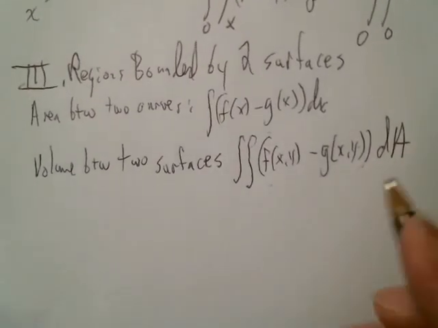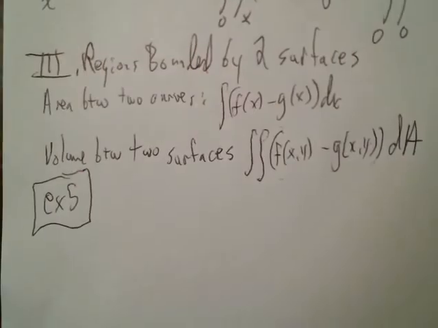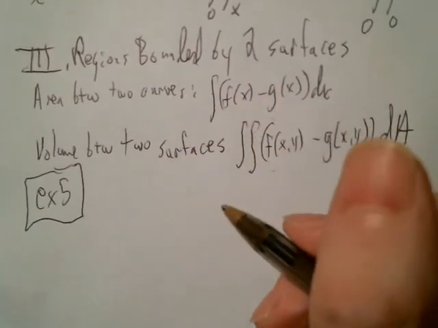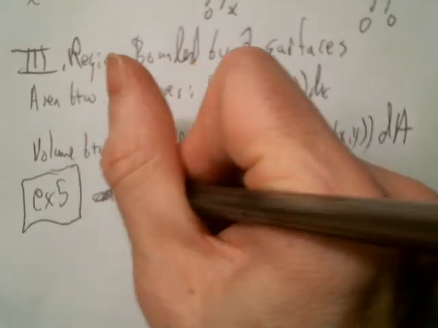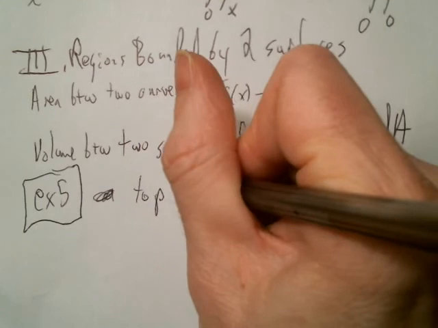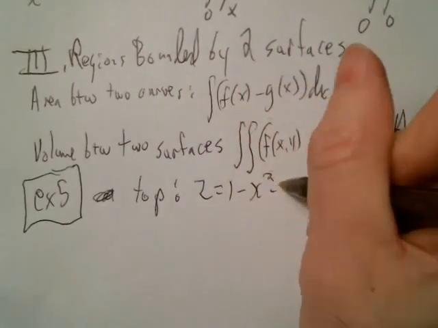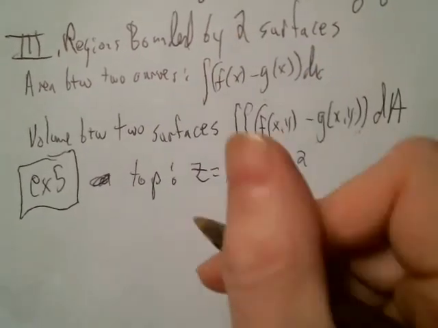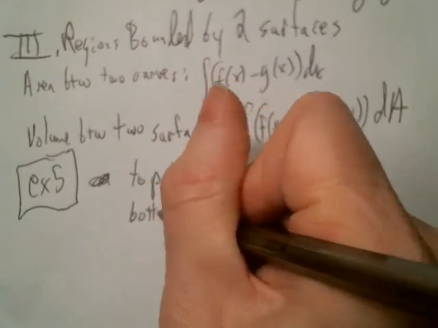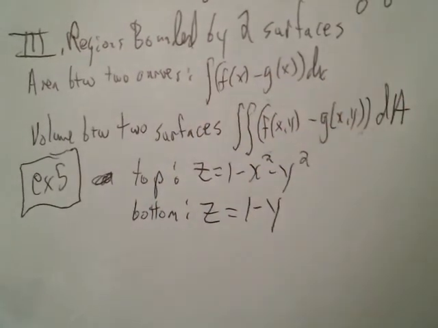Okay, so let's look at, this used to be example 5, they probably changed it, but we want to find the volume of the solid region bounded above, so the top surface is z equals 1 minus x squared minus y squared, which is an elliptic paraboloid. And then the bottom surface is going to be z equals 1 minus y, which is just a really simple plane.